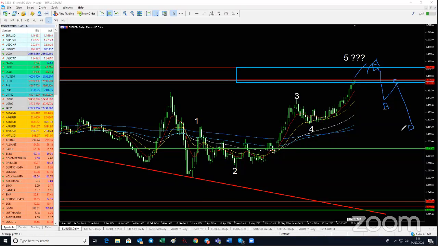So we don't know roughly where it would end in terms of the downward movement to complete this whole wave cycle. The whole wave is 1, 2, 3, 4, and then 5. This is a standard cycle of Elliott wave theory. So you've got your 1 right there, then your 2, then your 3.